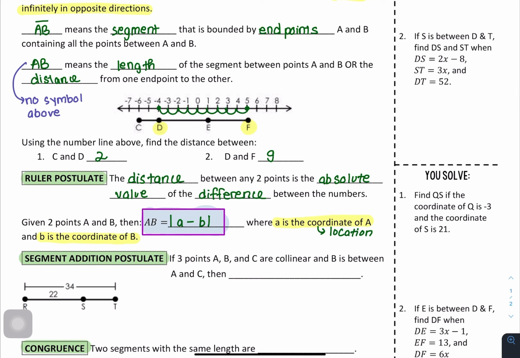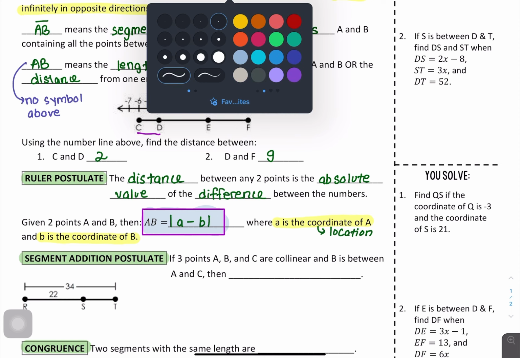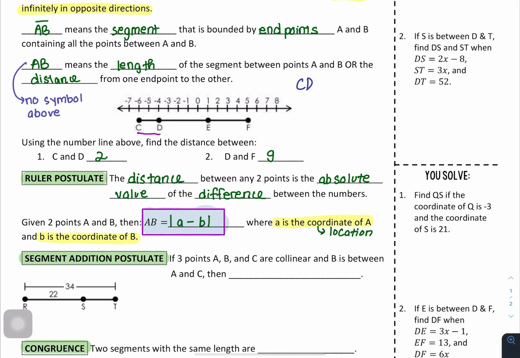Now let's apply this formula to find the distance between C and D. Instead of counting like earlier, we're going to use this formula to see, does that actually work? So I'm going to have CD equals the absolute value of small c minus small d.